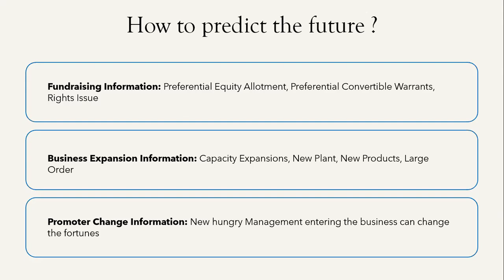Let us understand this word by word. Preferential means that preference is being given to someone. Equity is shares. Allotment is giving, that you are giving it to someone. So it literally means that you are giving shares to a preferred person.